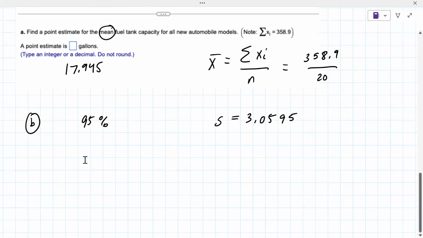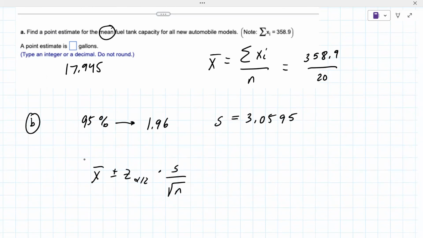So to find the 95% confidence interval, and this is where I'm not sure if you're using Z's or T's, but for the Z, you take the mean plus or minus the Z alpha divided by 2 times the standard deviation divided by the square root of n. Because it's a 95%, the Z value is 1.96. That's something you would get in a table in class.